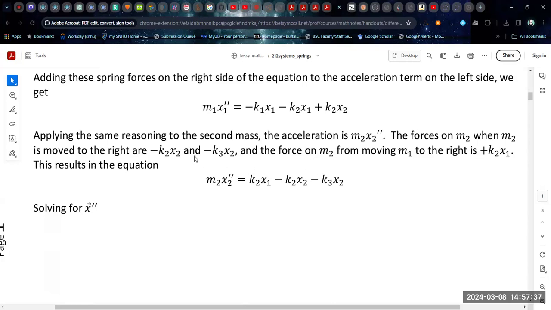And then the forces that are applied directly to m2 by motion of m2 are going to be Hooke's law from spring 2 and Hooke's law from spring 3. But then when m2 is fixed and m1 is moving, that's going to apply a force from spring 2 based on the motion of m1. And so altogether, we have this behavior from spring 1 and then this behavior from spring 2 and spring 3.